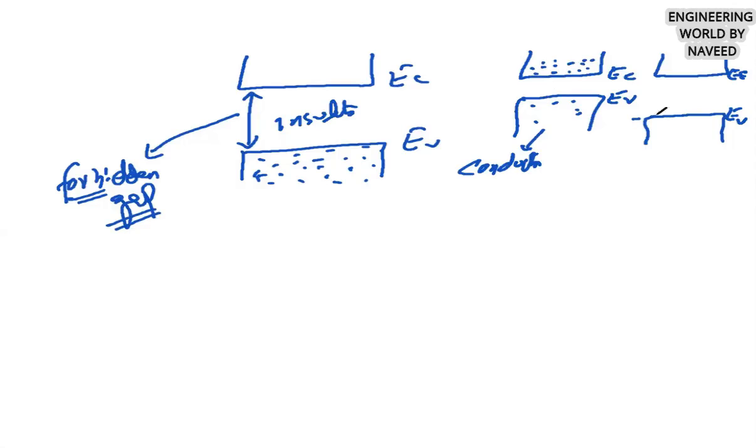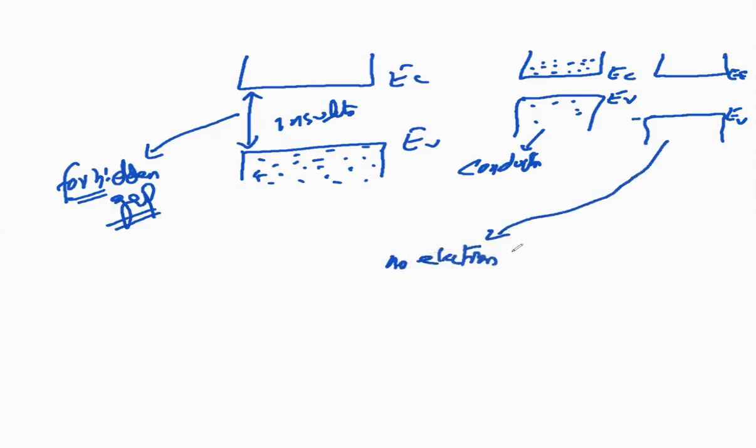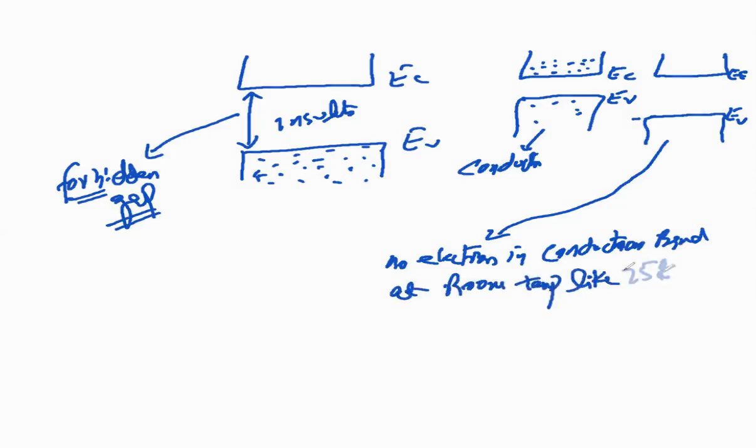But in a semiconductor, there will be no electron in the conduction band at room temperature, like 25 degrees C. If electrons come into the conduction band and you connect a voltage supply across this object, then the electrons will easily flow.